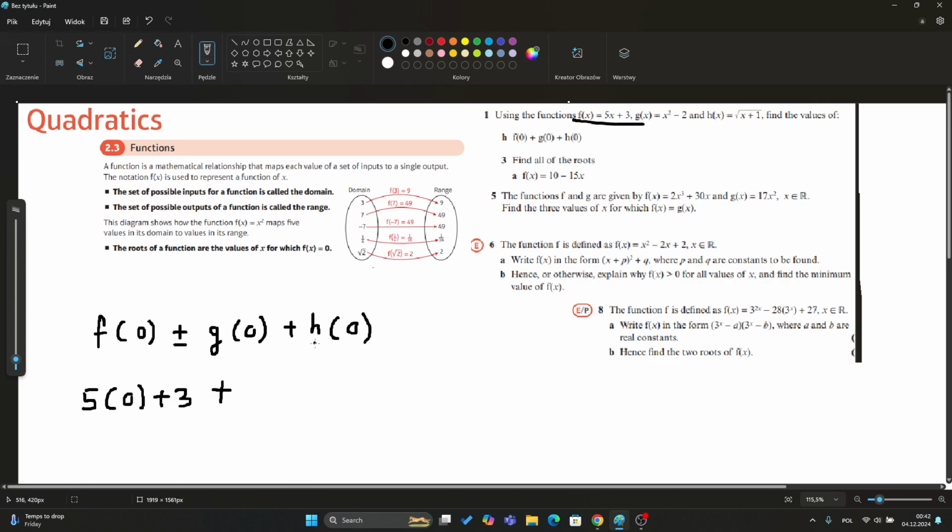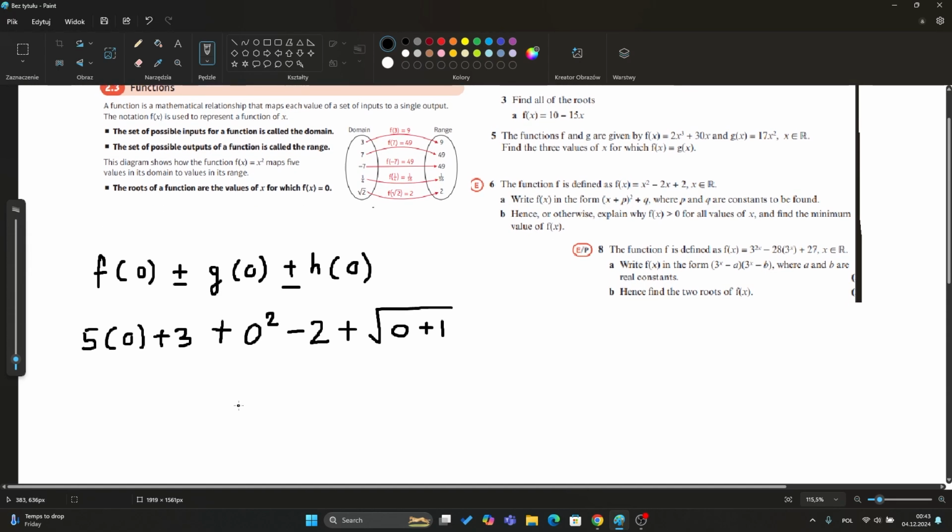So the input in g is 0, so g of x changes to g of 0, which is 0 squared minus 2, and now we add h of 0. h of x is the square root of x plus 1, so for h of 0 it will be the square root of 0 plus 1. And now we can solve this normally.